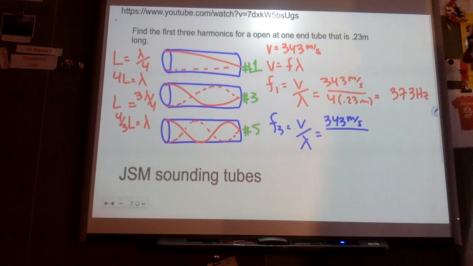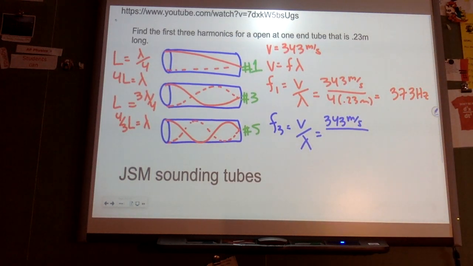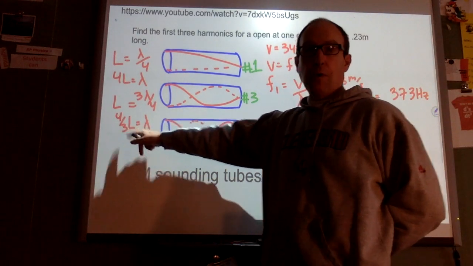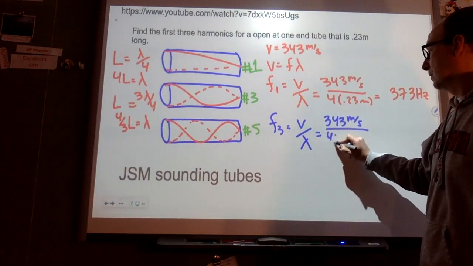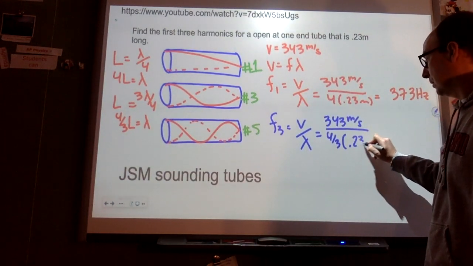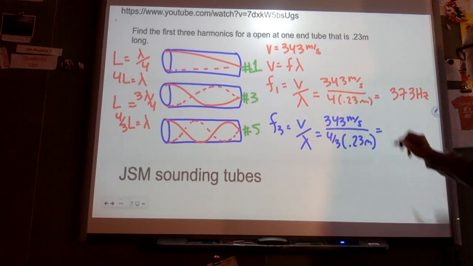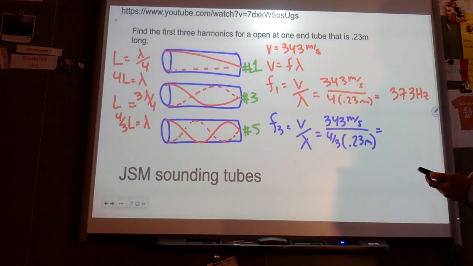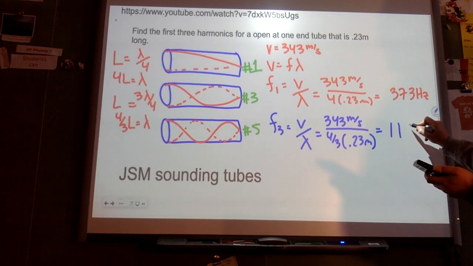It's the speed of sound in air. And I'm going to divide this by my wavelength, which we said was 4/3 L. So I'm going to get 343 divided by 4/3 of 0.23. So I got 1,118.